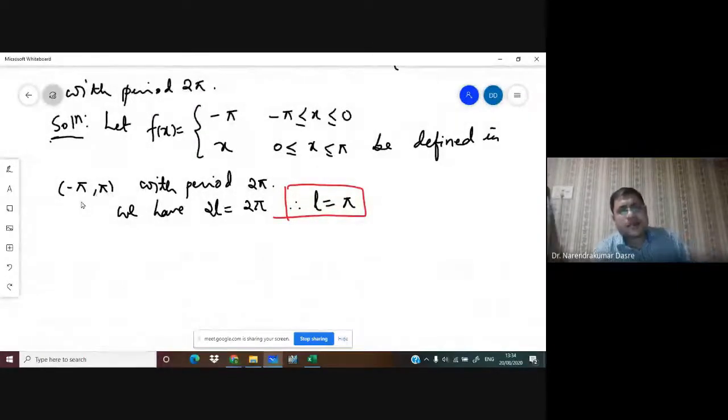So there is a chance that this function may be even or maybe odd. So what do you think, whether this function is going to be even or whether this function is going to be odd? How are you able to say whether the function is going to be even or odd?